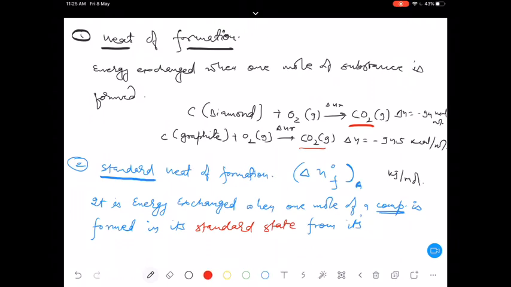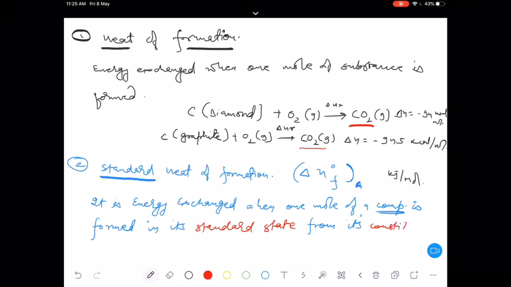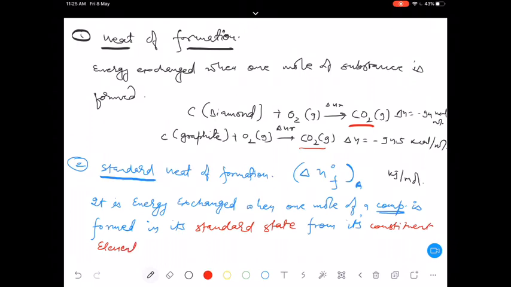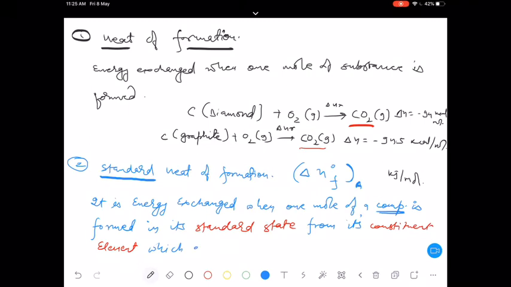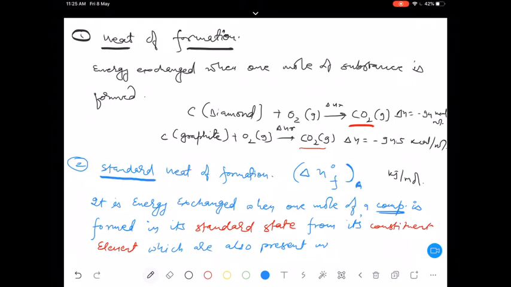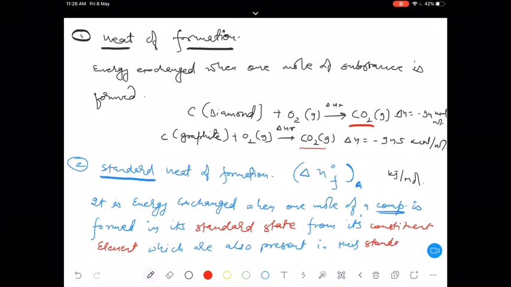From its constituent elements, which are also present in the standard state.